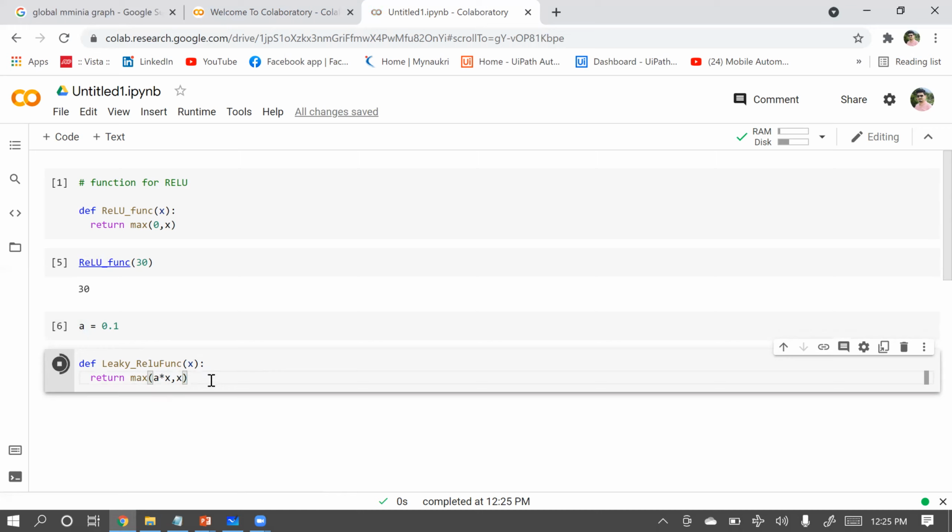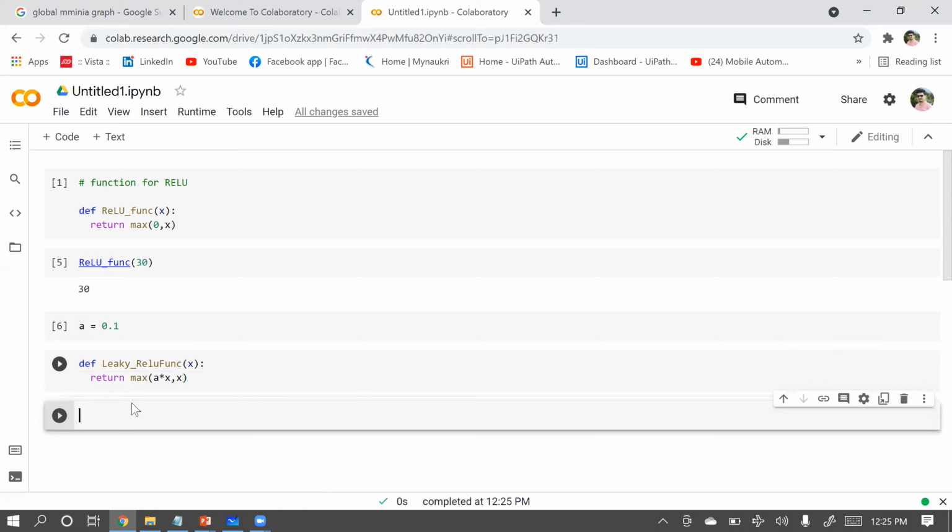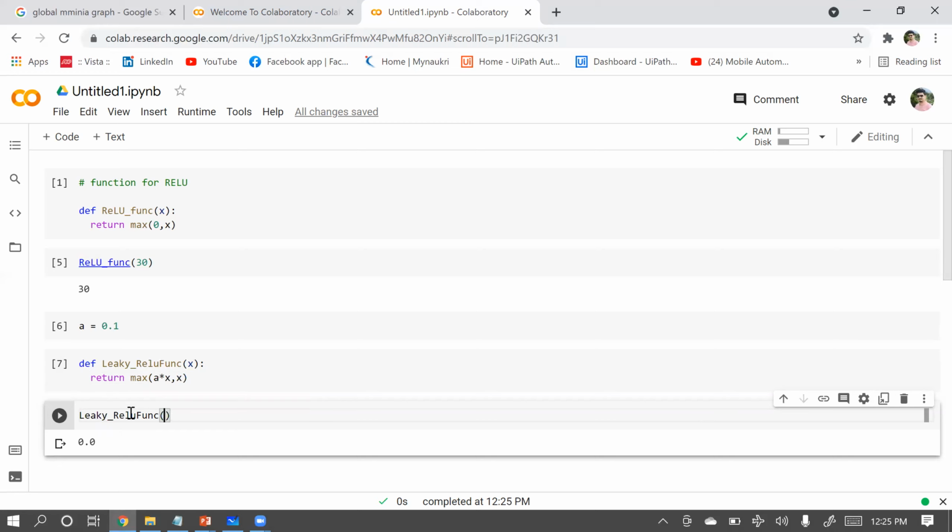Now we'll call this function and see how it works. The leaky ReLU function will return 0.0 for 0.